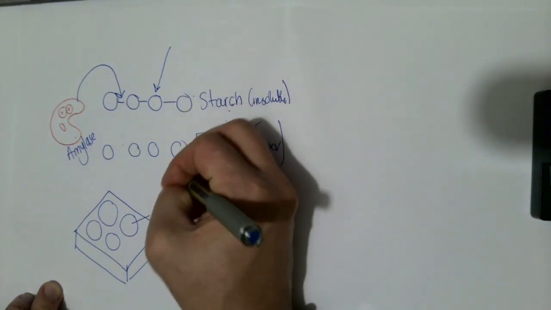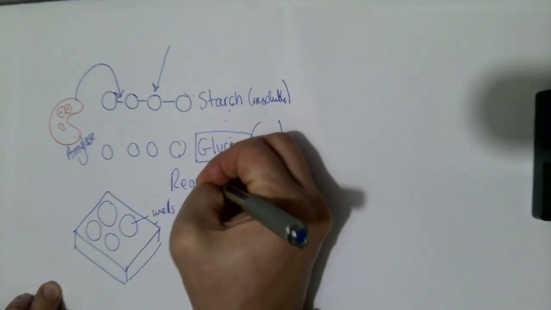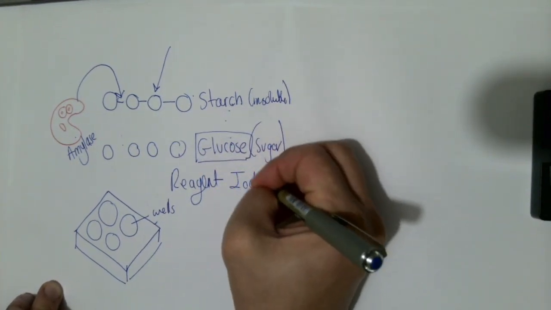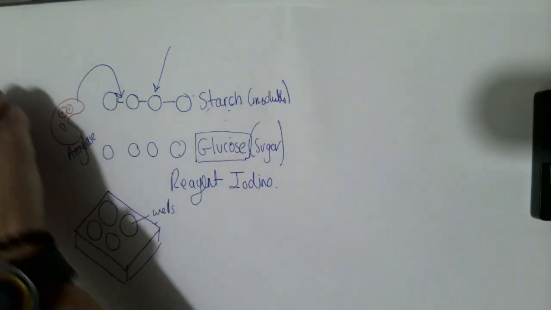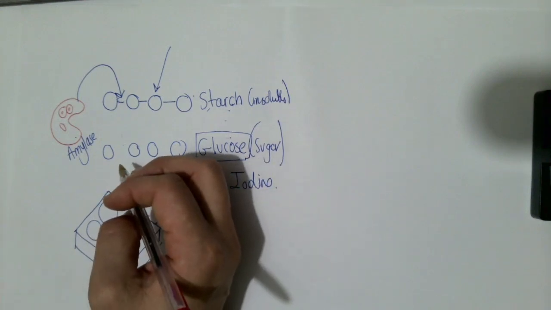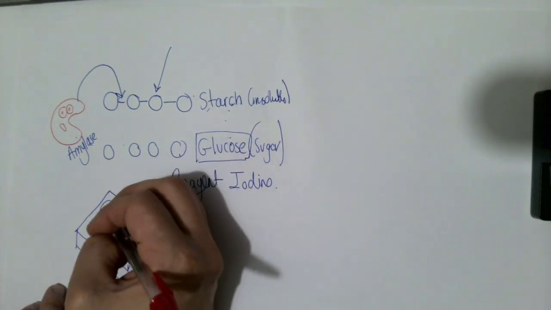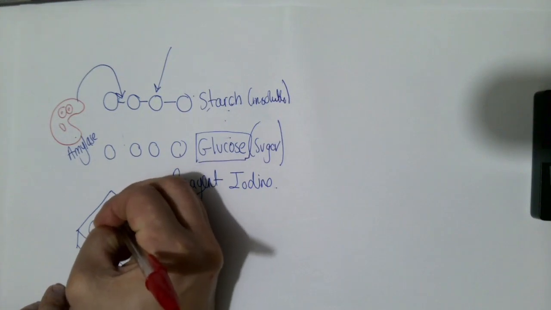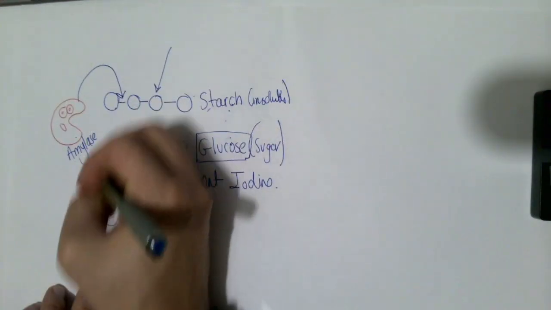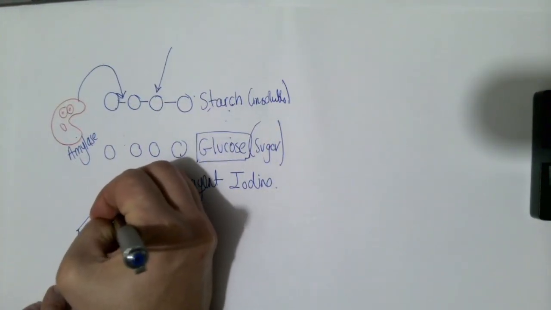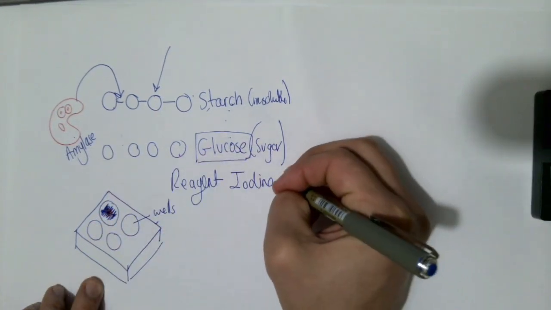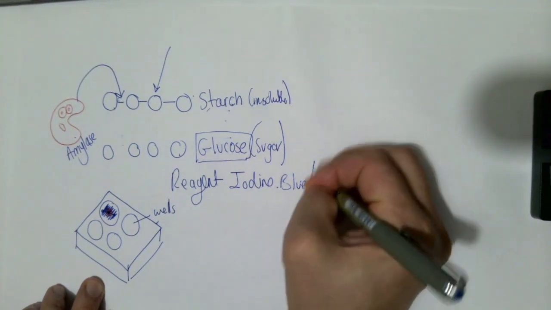And we use something called a reagent. This is a chemical that we've all used, and it's called iodine. Iodine tests for the carbohydrate starch. Iodine is orange. I don't have orange in my pen selection, so I'm going to put a drop of orange iodine into the well. If I now place my starch into the iodine, it will turn blue black.